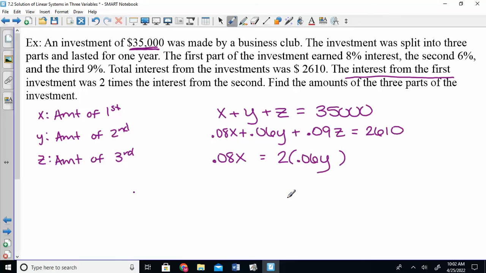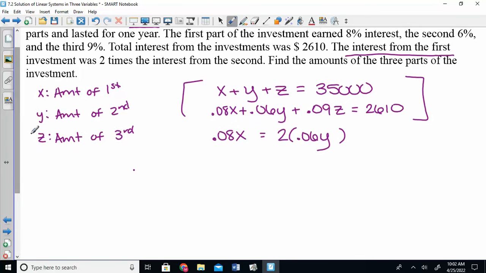How do you want to solve this? Get rid of the z's. Okay. So if we did that, eliminated the z's in the first and second, and that's not the only way, what would I have to multiply the first one by?